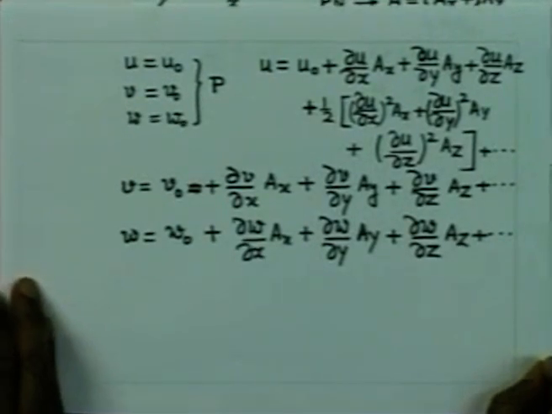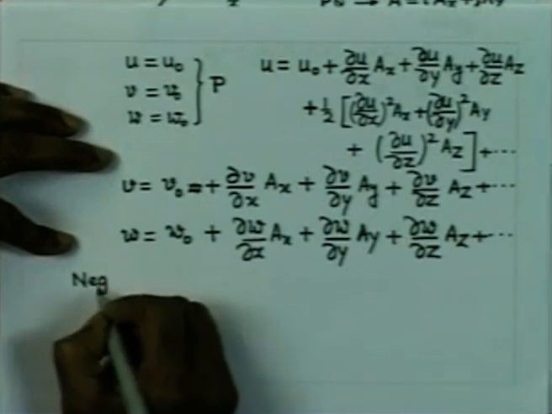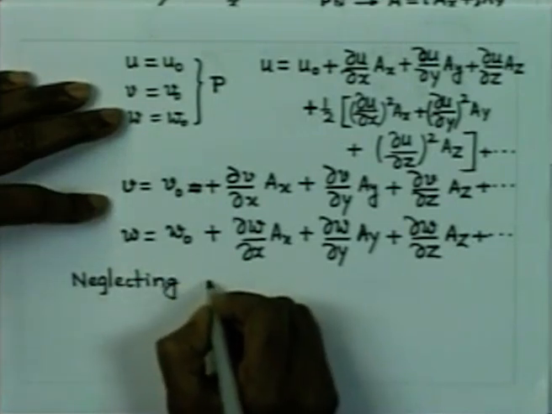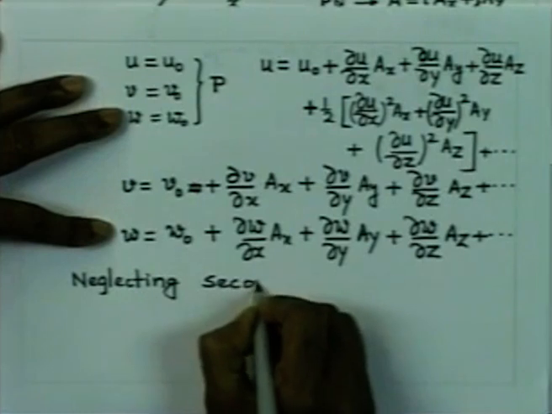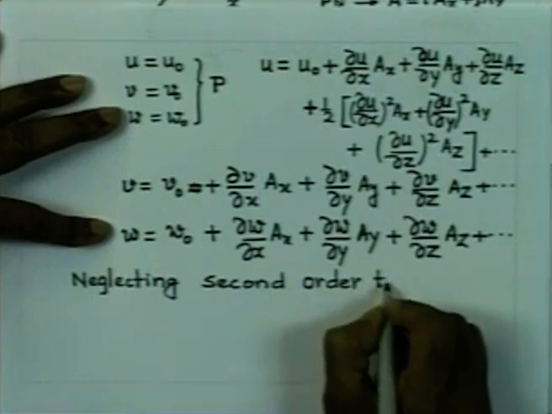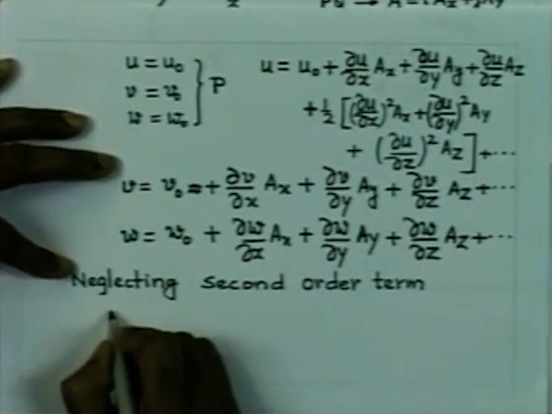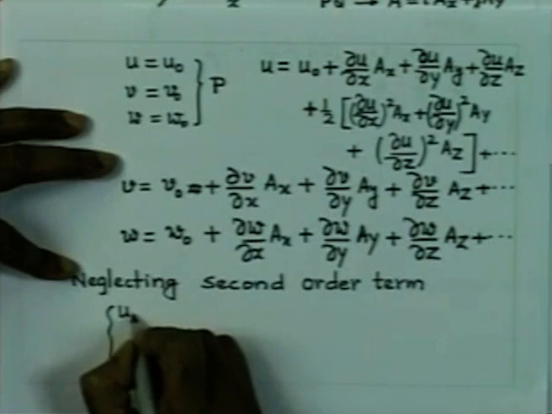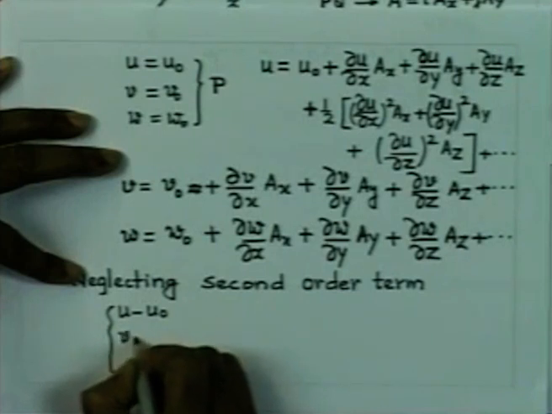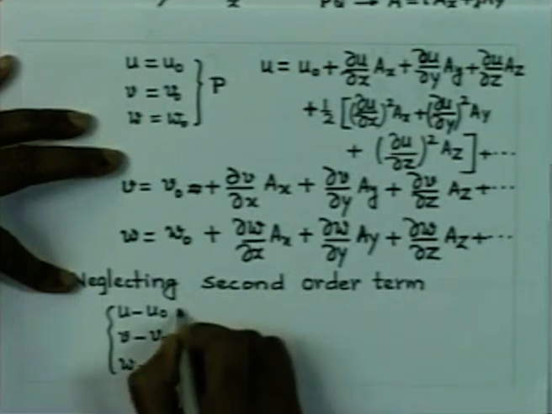Now, if we neglect the second order terms, we can write the following. We can write u minus u0, v minus v0, w minus w0.